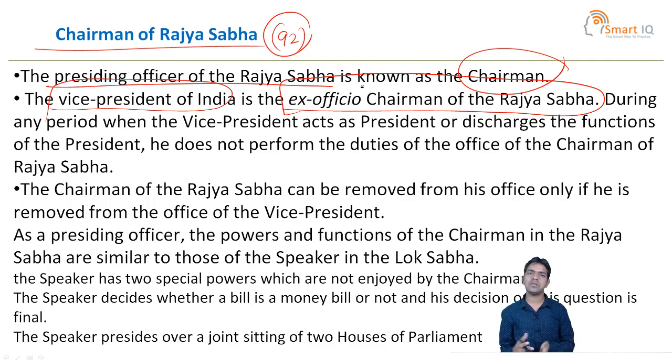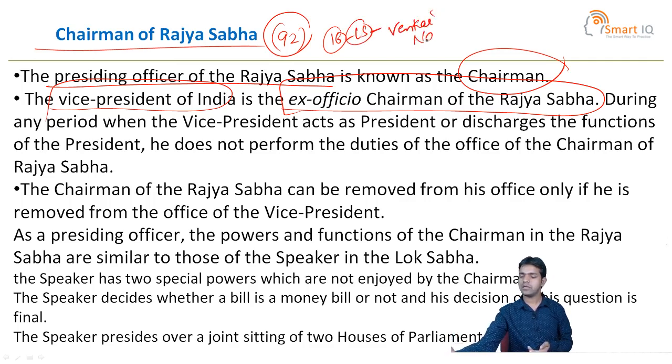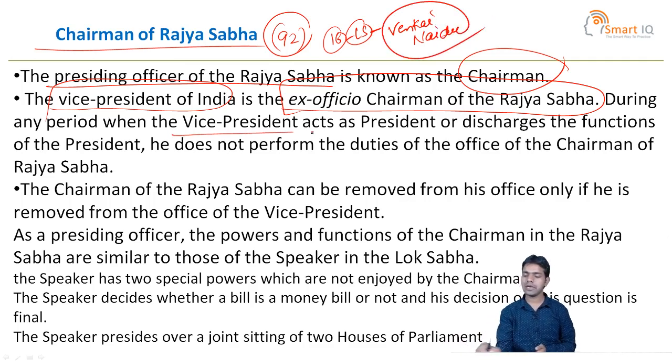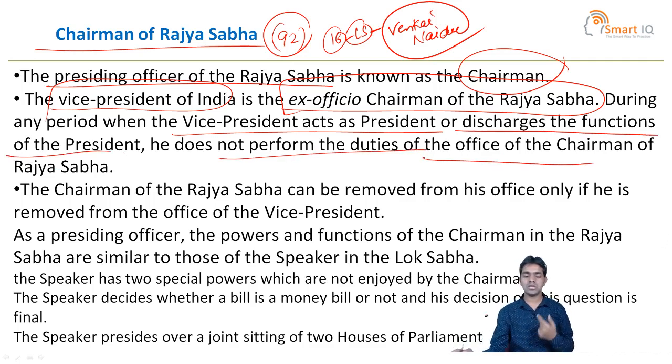Whenever a session is held in the Rajya Sabha, it is presided over by the Vice President of India. For example, in the 16th Lok Sabha period, Vice President Venkaiah Naidu was the ex officio chairman of the Rajya Sabha. That is an example. When the Vice President acts as the President, during that time he discharges the functions of the President, and he does not perform his duties as chairman of the Rajya Sabha.